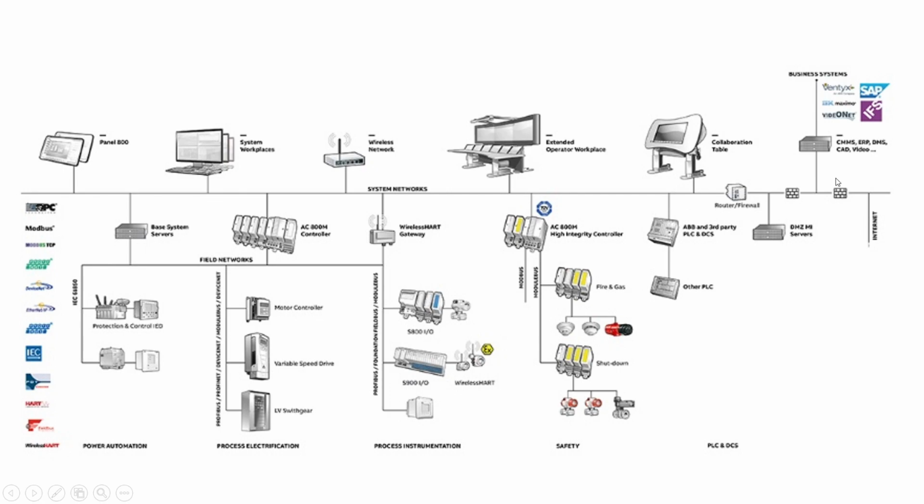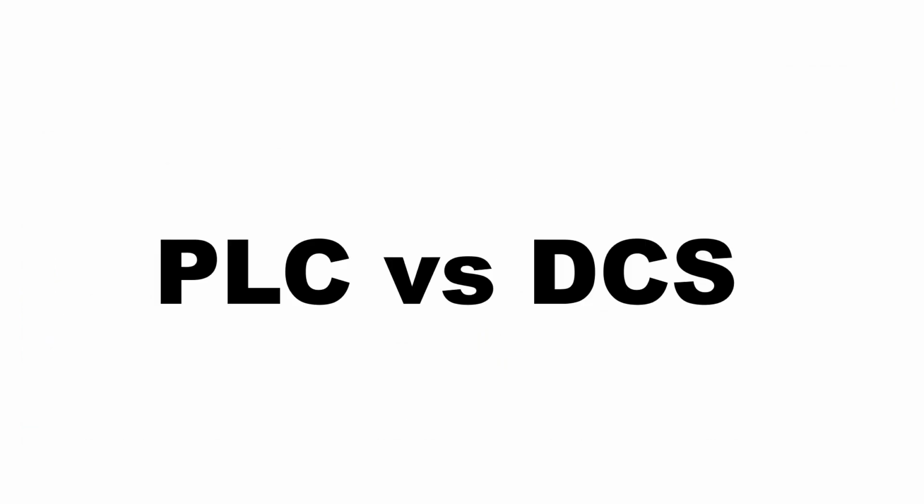And again, this is the plant network, and there are operator stations, extended operator workplace. This is placed in the control room, and as you see, this is the enterprise layer where it can communicate with SAP, IFS, etc. So this is a very broad bird's eye view of a DCS architecture and how it is set up, right?